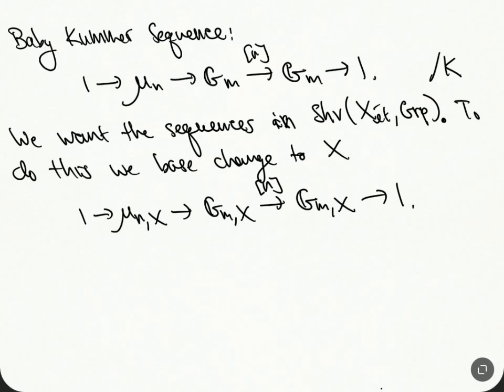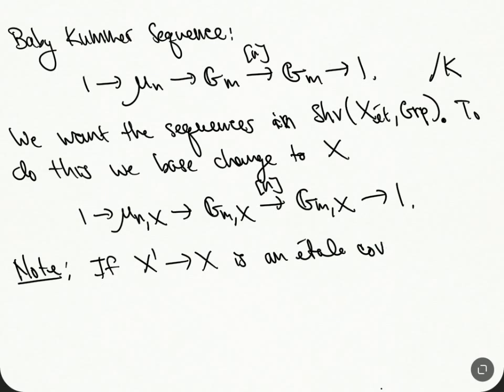So how do we view this? Let me say a little bit about how this is viewed. Note, as a little aside, that if X prime to X is an étale cover, then we have this natural action of pi 1 of X, the étale fundamental group, acting on X prime by deck transformations.